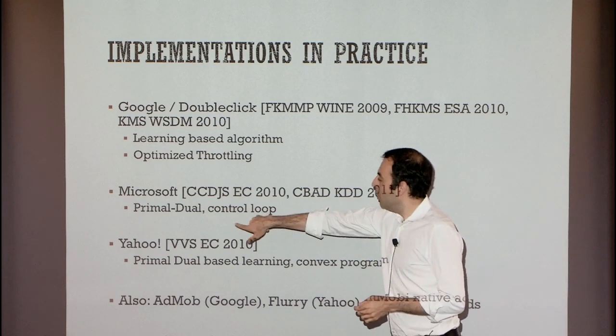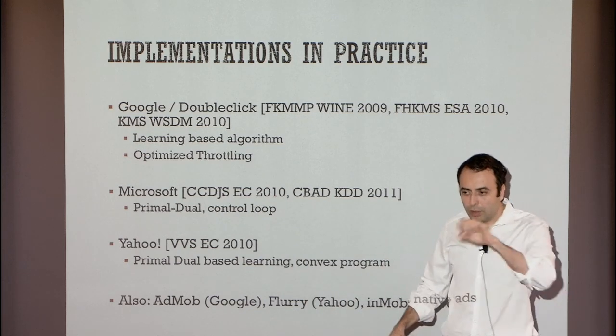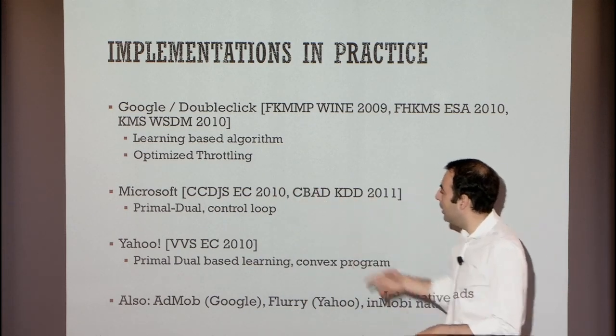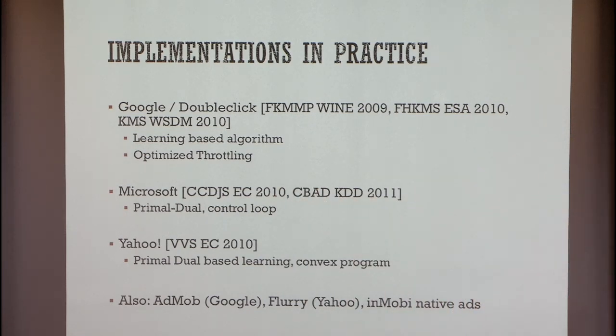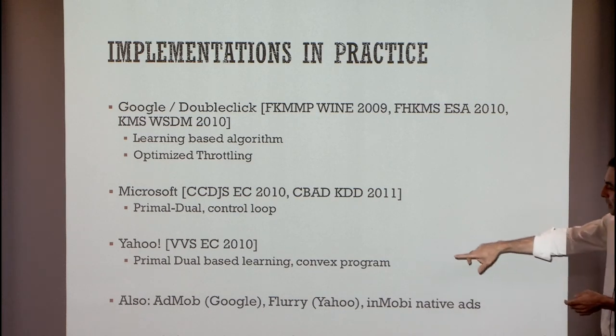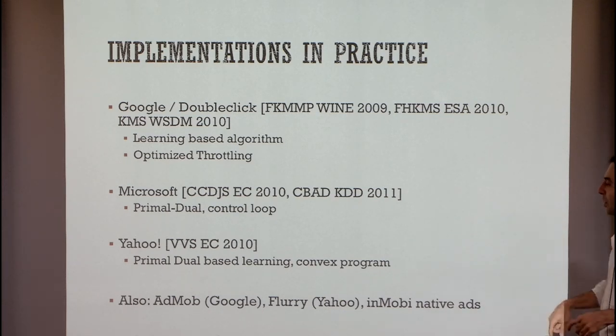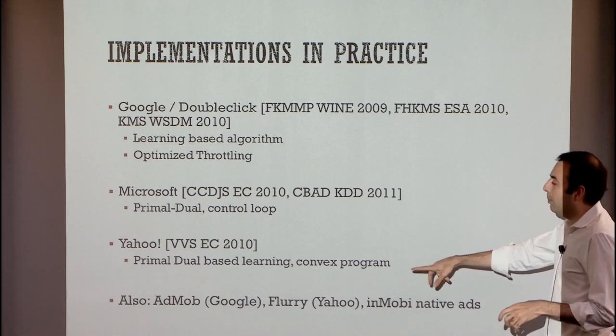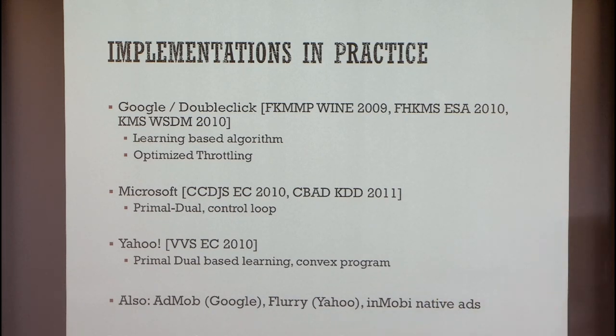The primal-dual and control loop that I told you about, that specific formula is the one that's being used by Microsoft. There are also simpler formulas used by the mobile companies like AdMob and InMobi for their native ads.